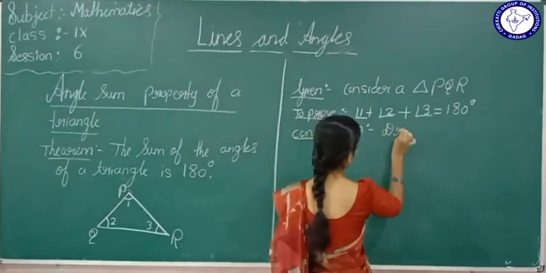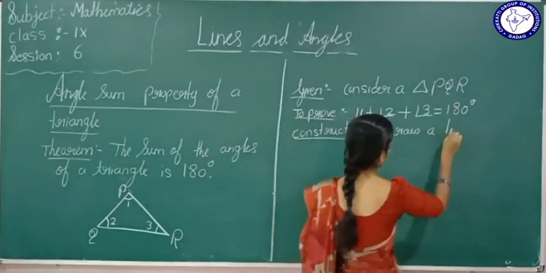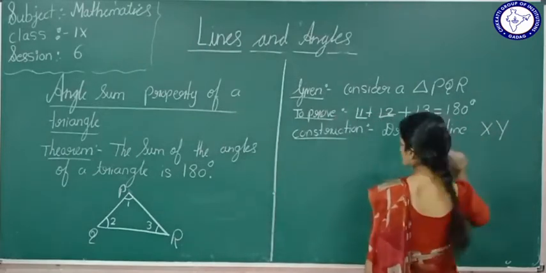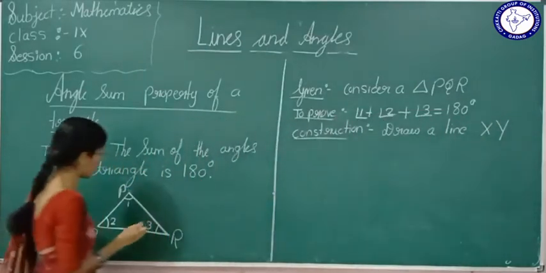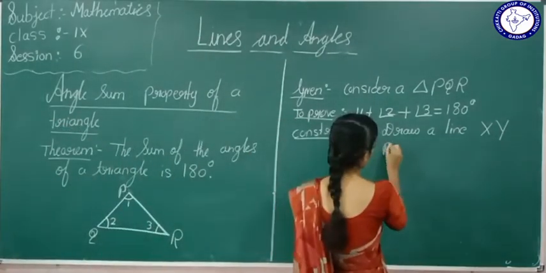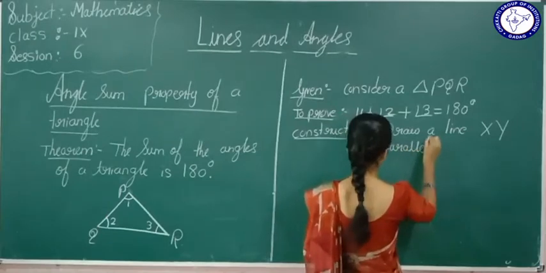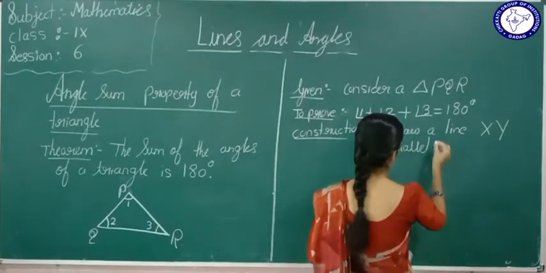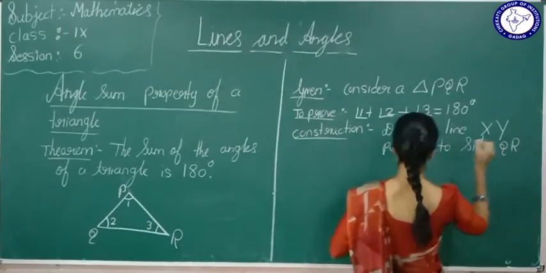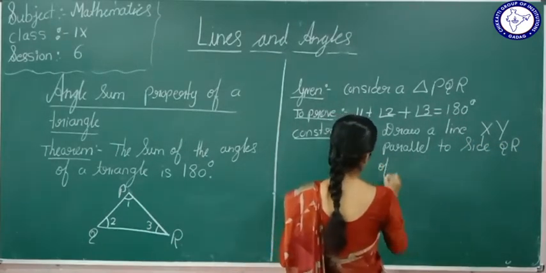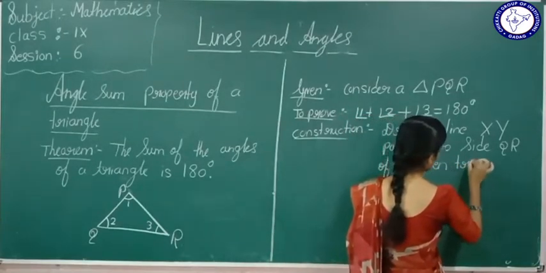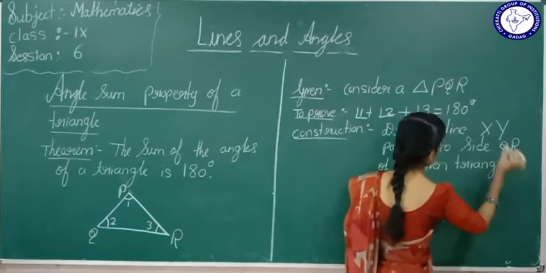Say draw a line XY. Okay, we will draw a line here XY parallel to side QR of the given triangle. What we will do here?